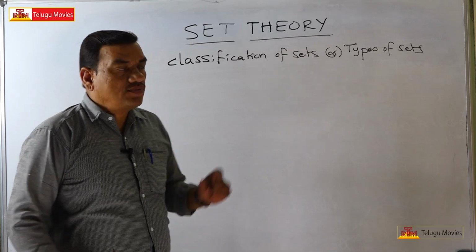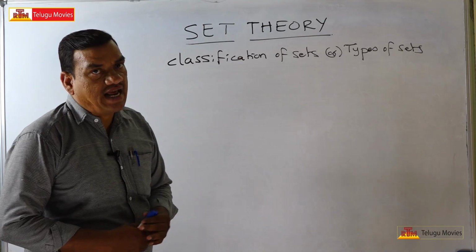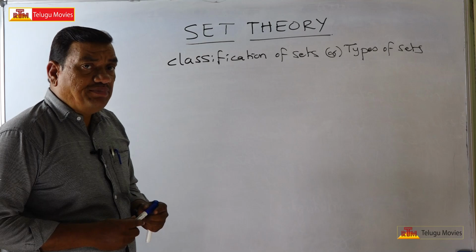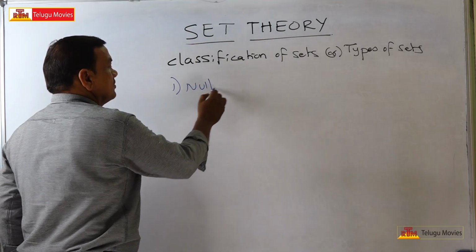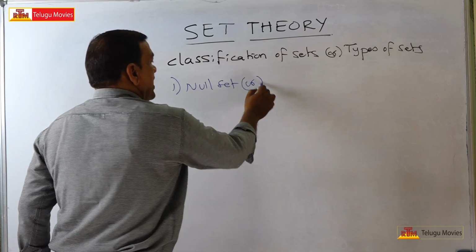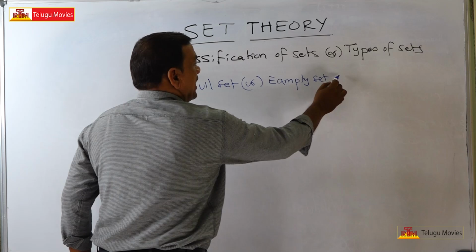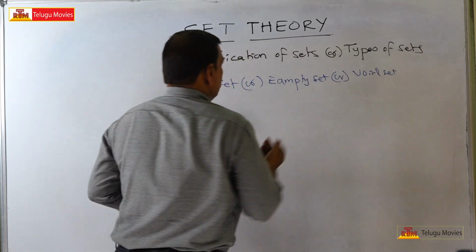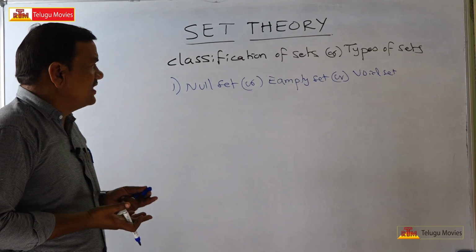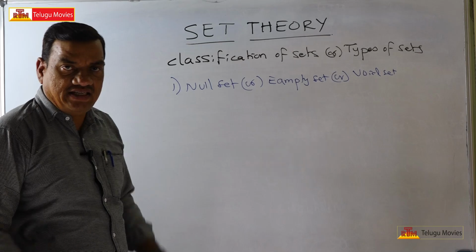Dear students, now we are going to see what is meant by classification of sets and types of sets. So in the types of sets, the first is the null set, or empty set, or another name for this is void set. The name itself suggests it: empty means nothing.